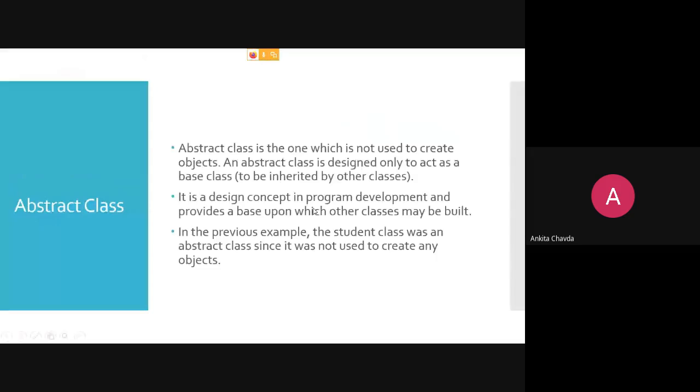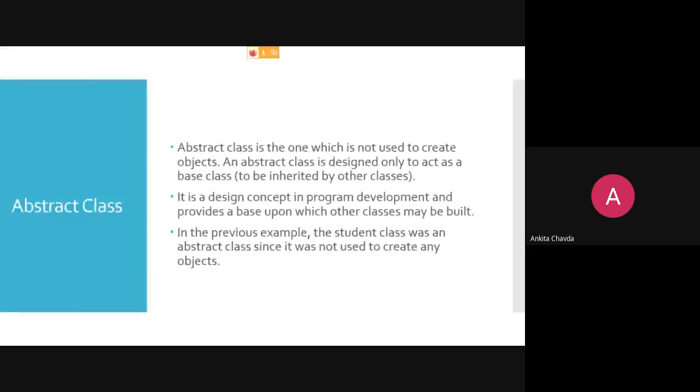Now there is one concept, the abstract class. Though in your reference book they've given just one paragraph, what I have written. If you want to make an abstract class, what are the rules and regulations to make abstract classes?